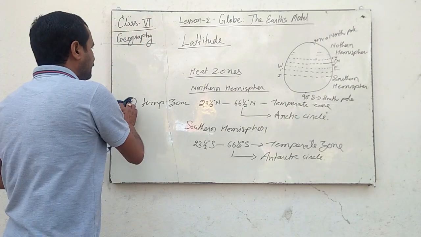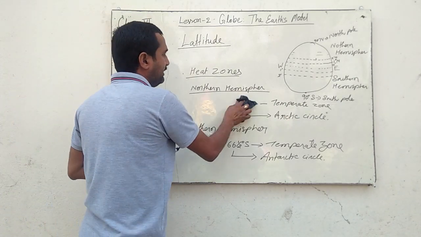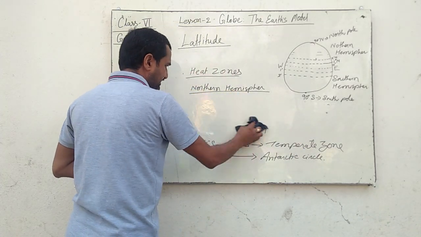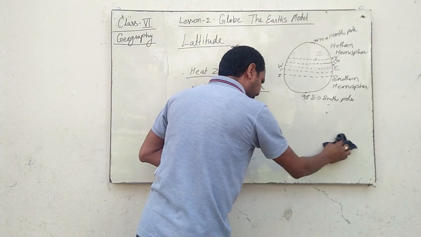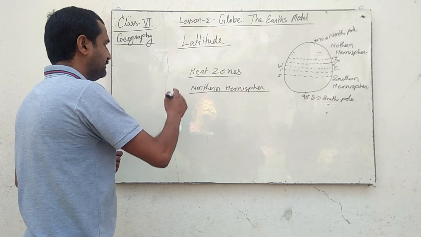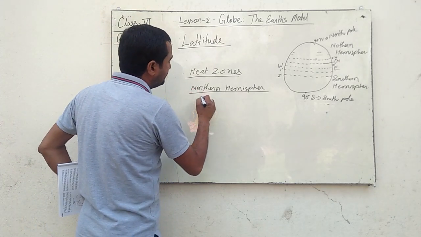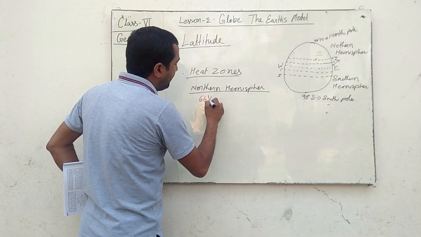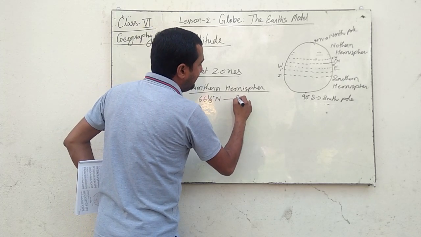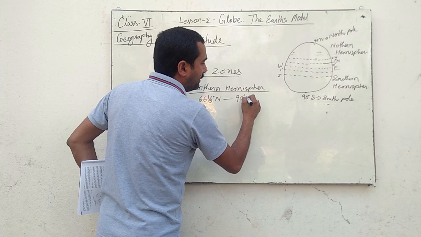The third zone, the third heat zone is called the frigid zone. Now, where is the frigid zone? Frigid zone again lies in both the hemispheres. In the northern hemisphere, 66.5 degree north to 90 degree north.